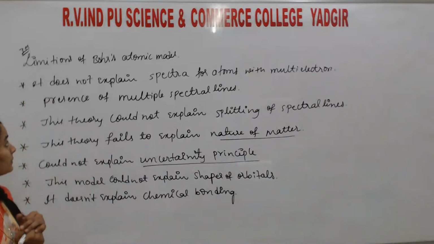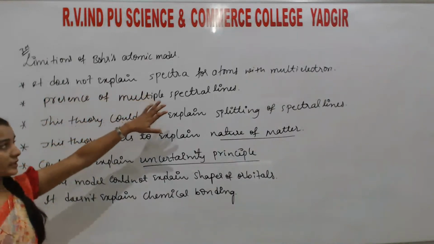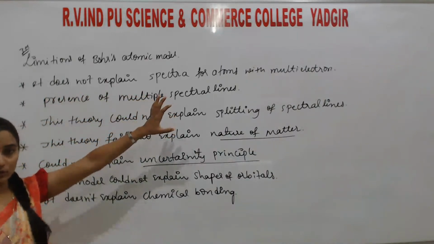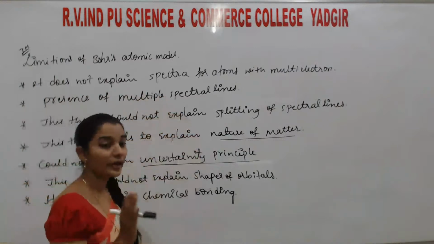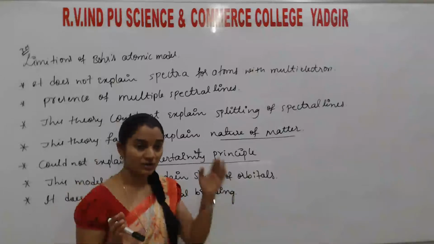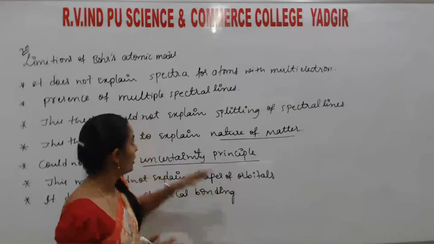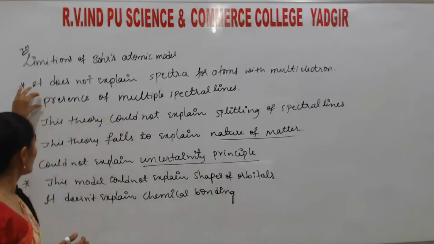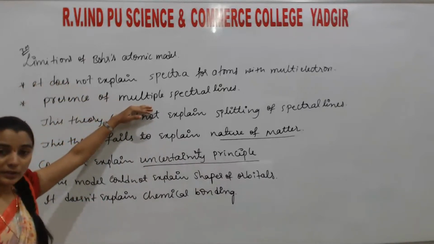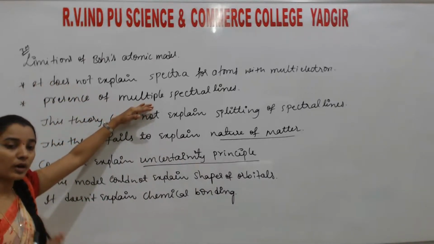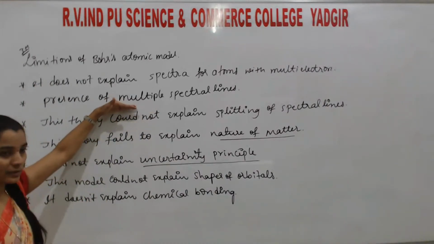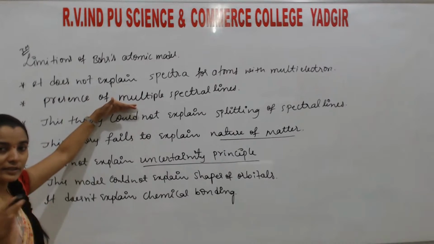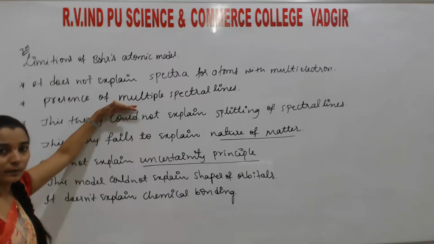Understood? Listen. So initially it does not explain the spectra for atoms with multiple electrons. If more than one electron is there, Bohr's atomic model cannot explain the spectra. It's different lines. Okay. Next. So it also cannot explain the presence of multiple spectral lines. If two or more electrons are there, then two or more lines are also there. It couldn't explain. It explains only single line spectra.